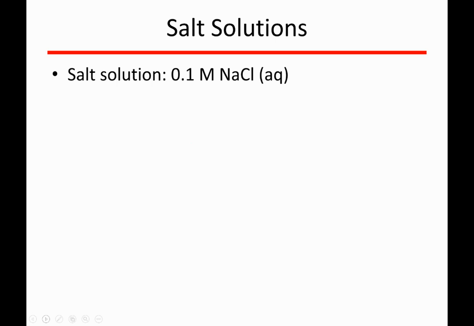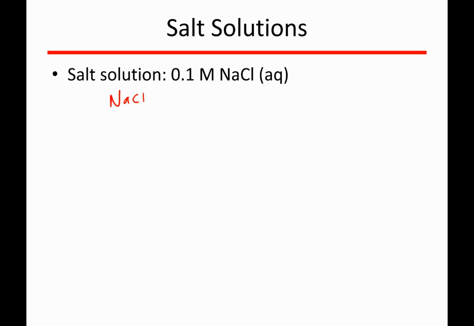We'll first consider a solution of 0.1 molar sodium chloride. Sodium chloride is a soluble compound, and it is a salt because it contains a metal, sodium, and a nonmetal, chlorine. Because this is a soluble ionic compound, it will dissociate completely into its ions in solution. It's helpful for us to write the dissociation reaction.